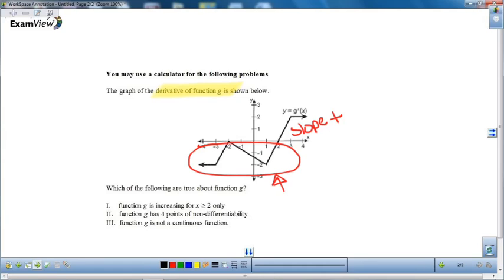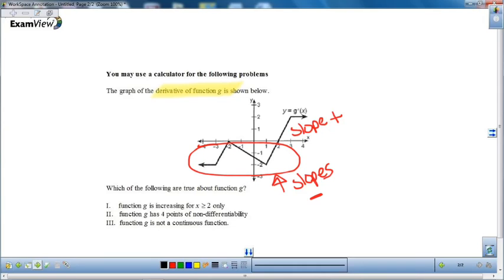From negative 4 to 2, my slopes are negative. So what that means is that since this is the derivative, from negative 2 to 4, my original function is increasing. From negative 4 to 2, my original function is decreasing.